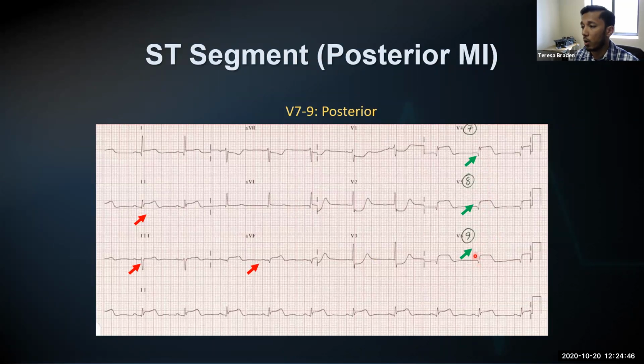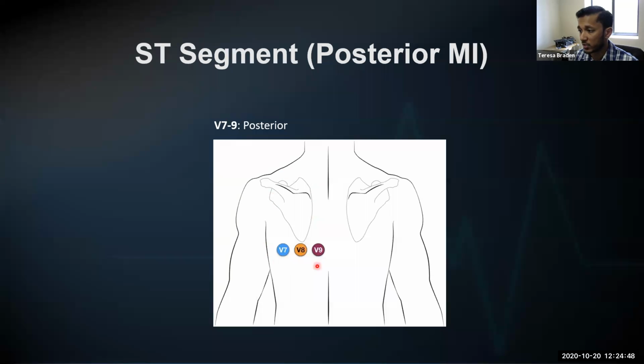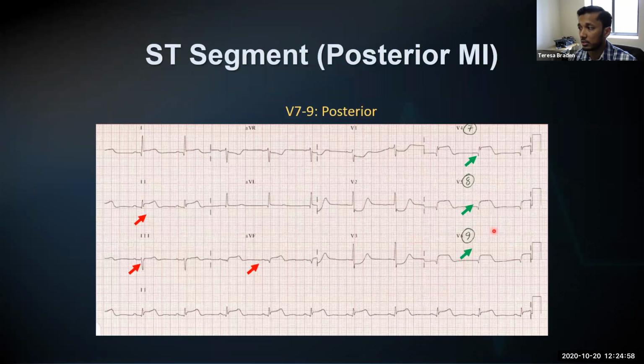Okay. So again, the heart is on the side, but these leads are going to better capture electrical activity coming from that posterior aspect of the heart, which is why you move them to that left side. And then you can see the clear elevation showing up on 7, 8, and 9.